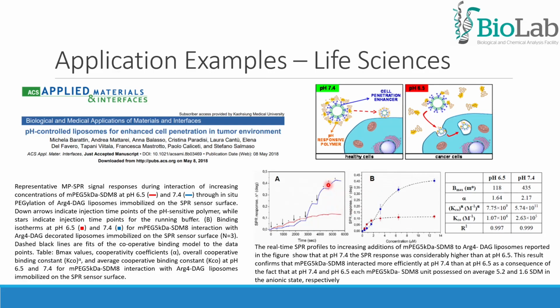At pH 7.4, the SPR response was considerably higher than at pH 6.5. This result confirms that the polymer interacted more efficiently at neutral pH than at acidic pH.